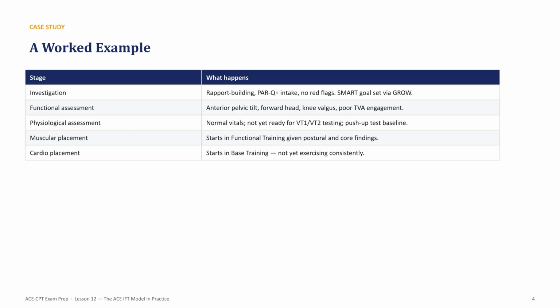The physiological assessment shows normal vitals, but this client isn't ready yet for VT1 or VT2 testing, so a push-up test is used as the baseline instead. Given those postural and core findings, muscular placement starts in functional training. And because this client hasn't been exercising consistently, cardio placement starts in base training. Notice how each track was decided on its own evidence. That's the independent placement principle from the last slide in action.